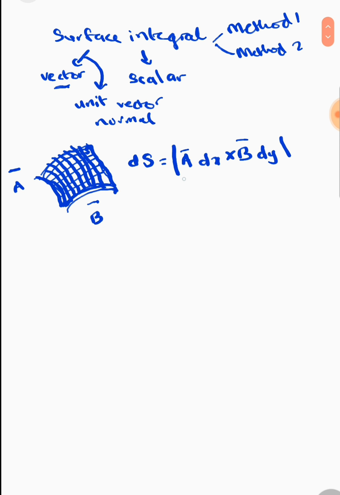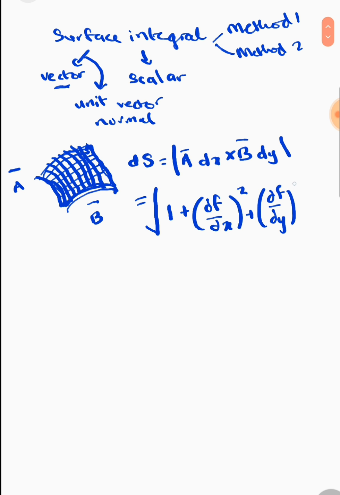In your lecture note you will see some derivation of it, but in the end I'll just write down the simplified version here. What we're going to get is that it's equal to the square root of 1 plus (df over dx) squared plus (df over dy) squared, dA. And dA in this case is according to our area, so since we are talking about dx and dy, we're going to put it as dx dy.